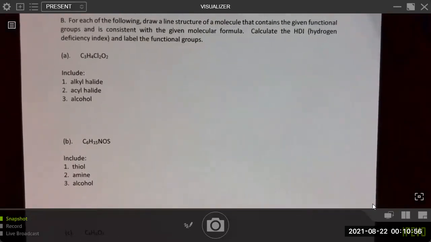For each of the following, draw a line structure of a molecule that contains the given functional groups and is consistent with the given molecular formula. Calculate the HDI and label the functional groups. Okay, so it wants us to calculate the HDI. Go ahead and do that.